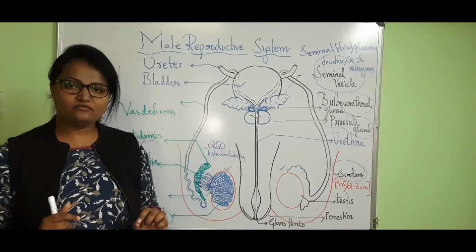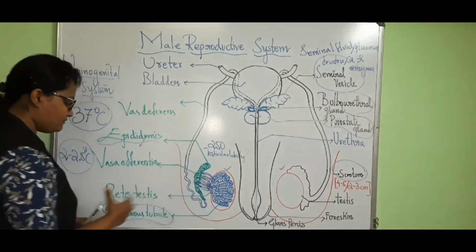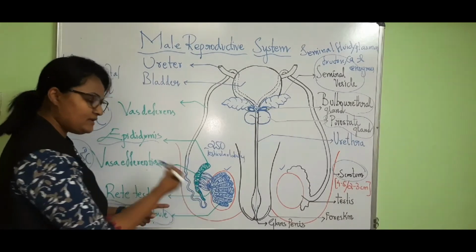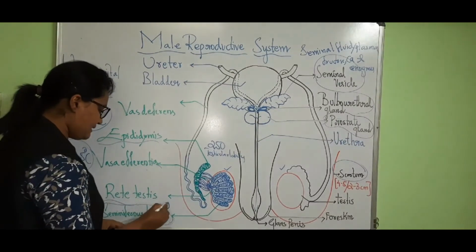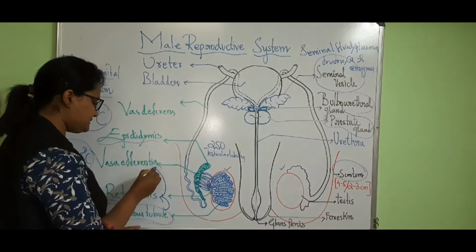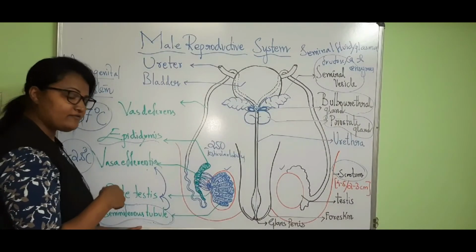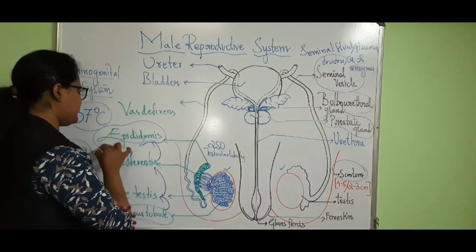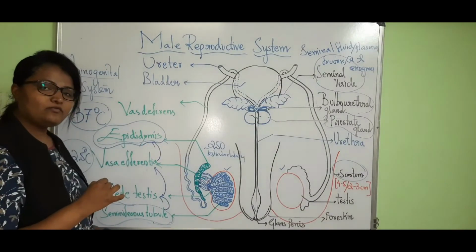So we'll study the pathway of travel of sperm from the testis till the ejaculatory duct or urethra. Sperm, we know, are produced in the seminiferous tubule. From the seminiferous tubule, they enter the rete testis. From the rete testis, the vasa efferentia. From the vasa efferentia, they enter the epididymis, where they are stored temporarily.